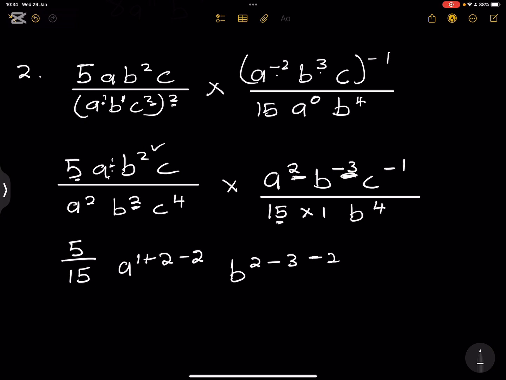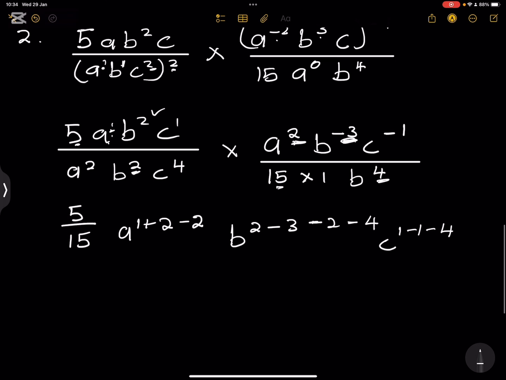So that's minus 2 and minus 4. This one again changes sign when it goes to the numerator. And then finally we've got c. We've got 1 there, minus 1, we've got minus 4, and we don't have any other base c in that case.